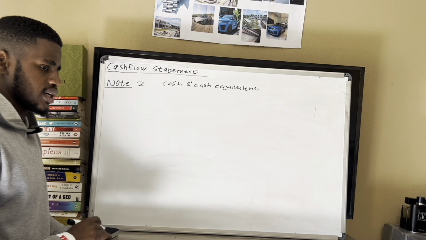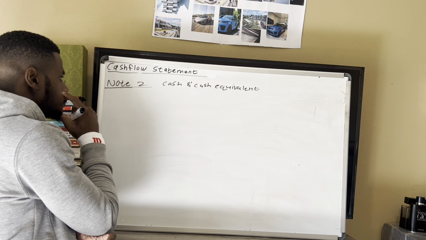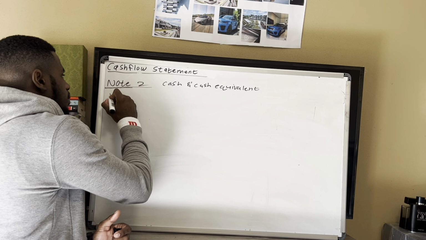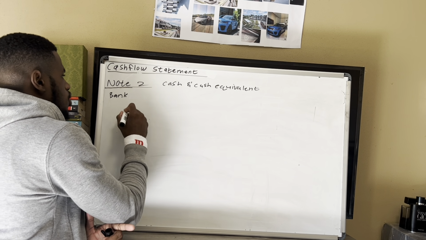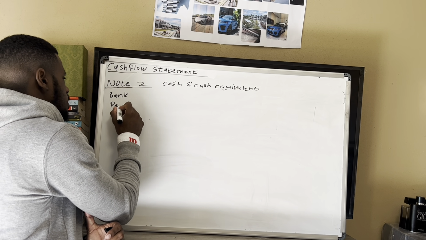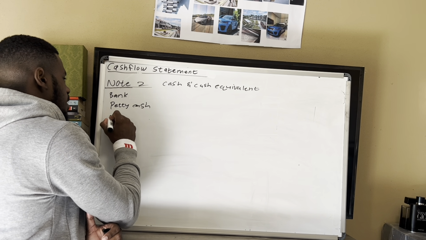Now, in terms of cash and cash equivalent, usually we have bank or savings account if it's positive, and then we have petty cash, and then we have cash float.